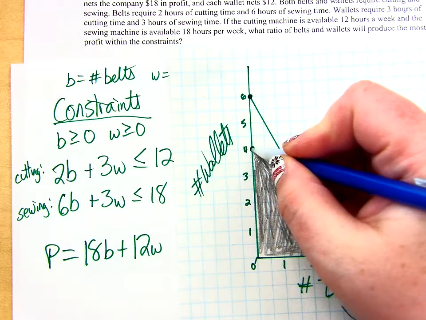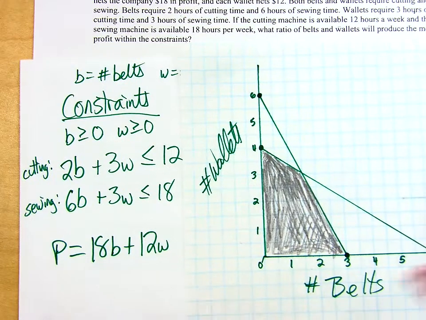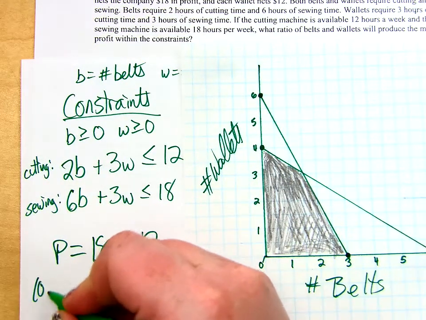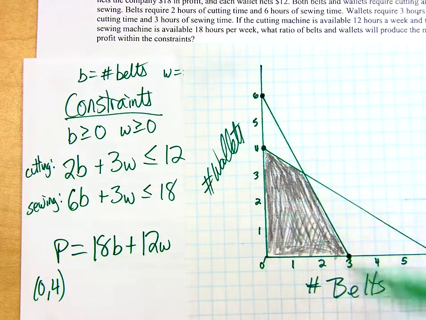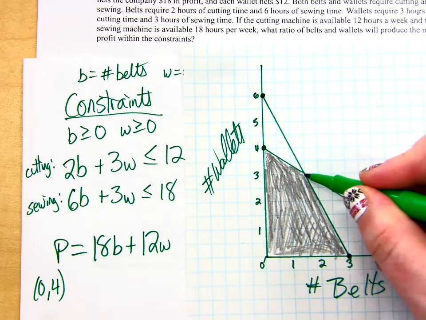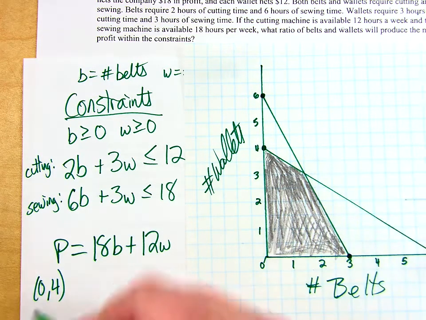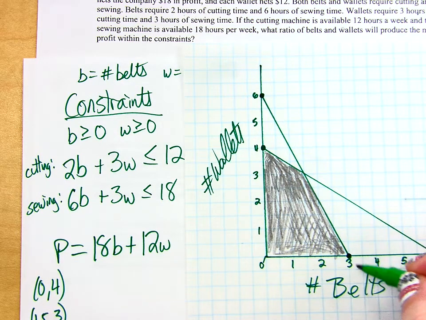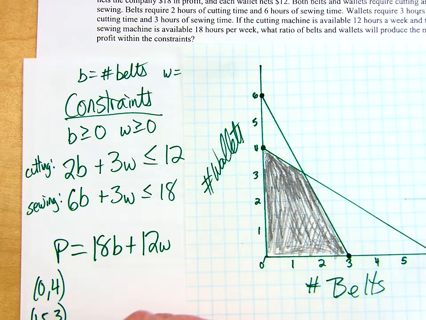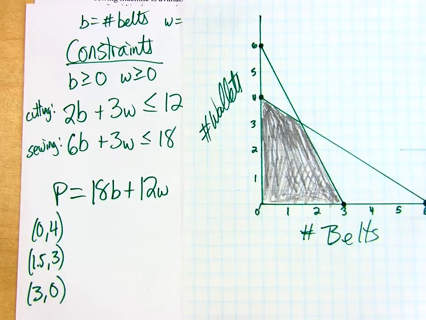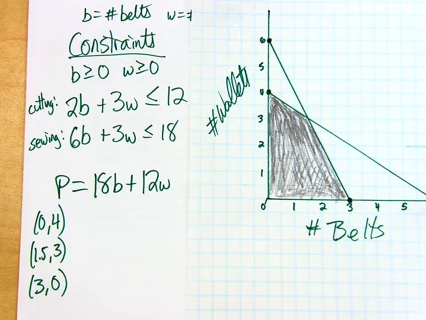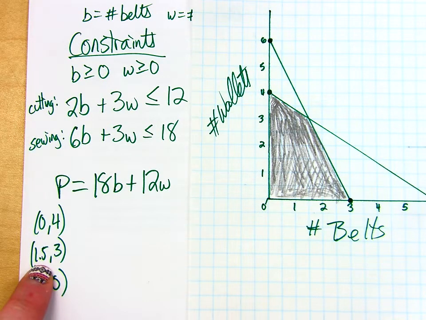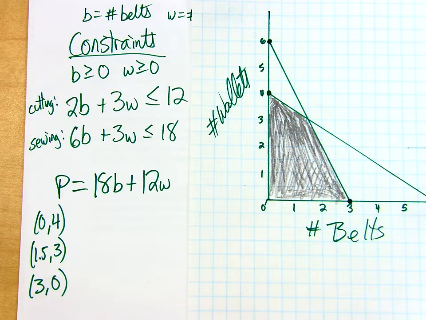So one of them is 0, 4. Another one is exactly at 1.5 on my scale, 1.5, 3. And 3, 0. Before we continue, can I even make 1.5 belts?